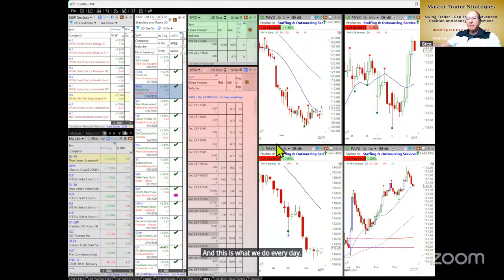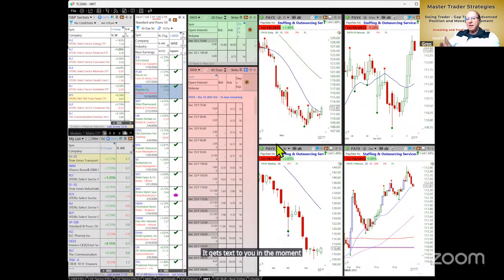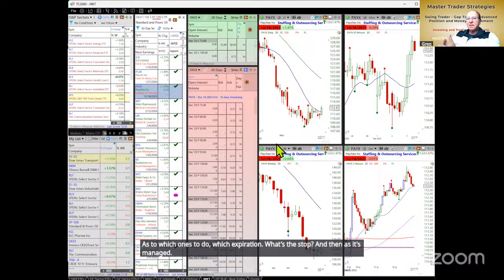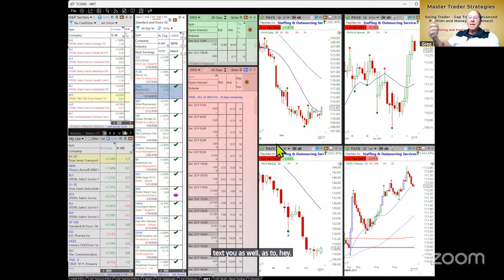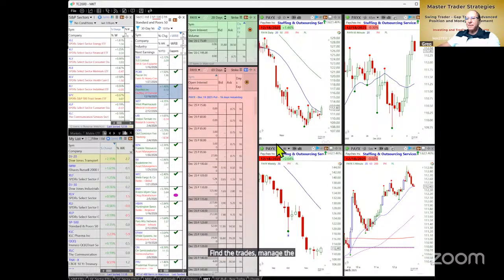And if you're a weekly options trader subscriber, it gets texted to you in the moment with the management: which ones to do, which expiration, what's the stop. And as it's managed, you get the updates texted to you as well: raise the stop, take partial profits, get out, take the money. And that's it. Find the trades, manage the trades.